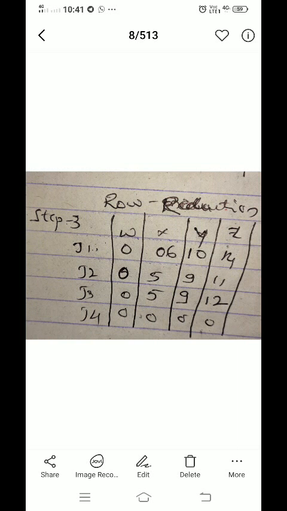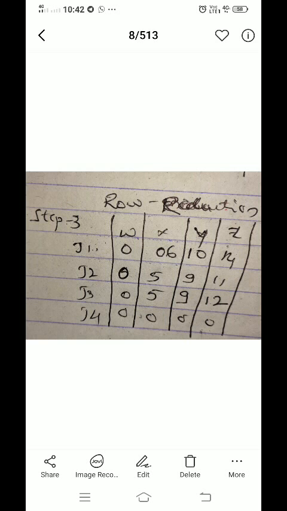Now we have to cross-verify whether each and every row and column contains 0. Now all the rows and columns contain 0. Now we have to strike out the rows and columns containing the maximum number of zeros. Here column 1 contains the maximum number of zeros, and the fourth row, j4, also contains the maximum number of zeros.